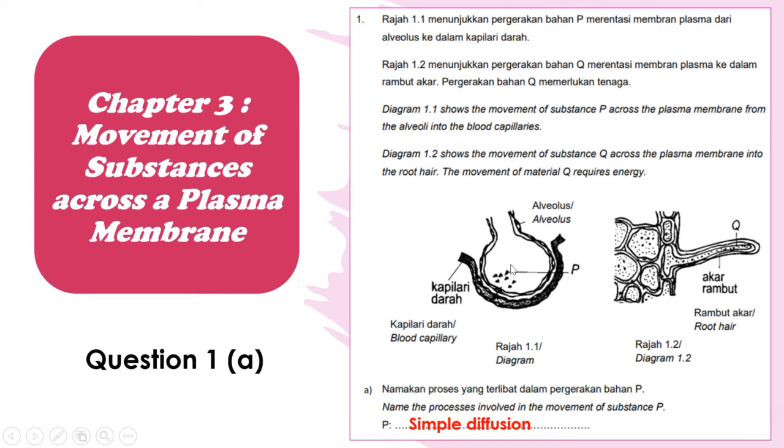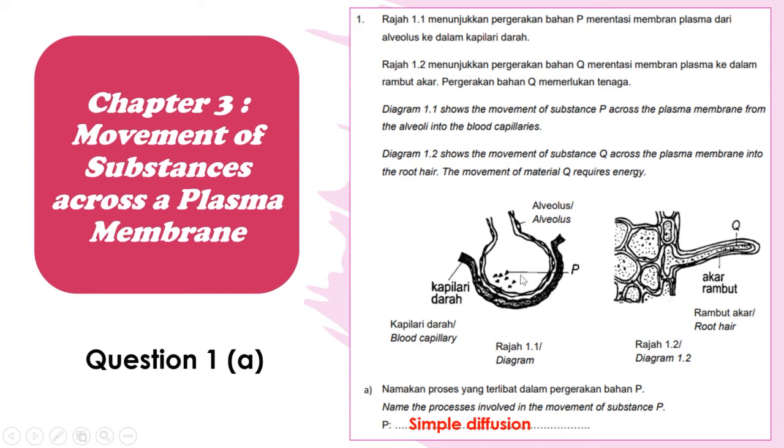Okay, so this refers to substance P. Substance P moves across a plasma membrane from the alveoli to the blood capillaries. So the answer is by simple diffusion. Because substance P here refers to oxygen.